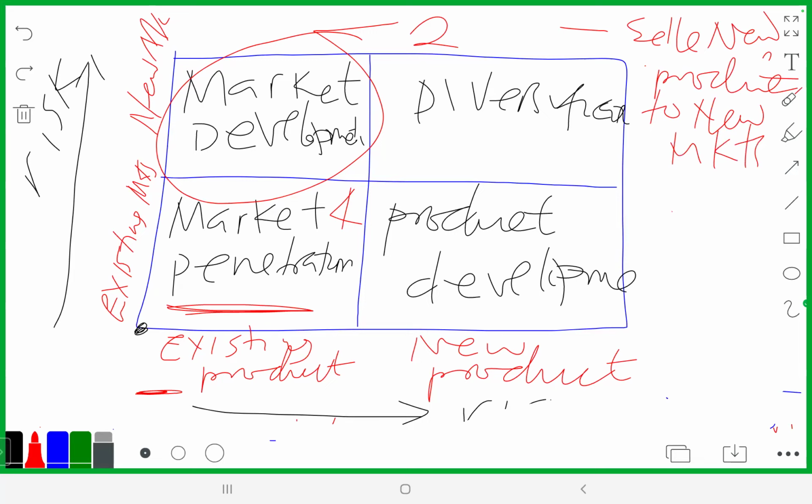The market is very new, but you're selling the product that you already have. So in short, you're entering the new market with your existing product.